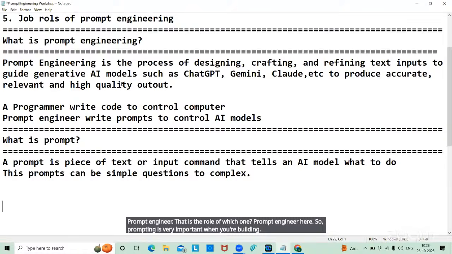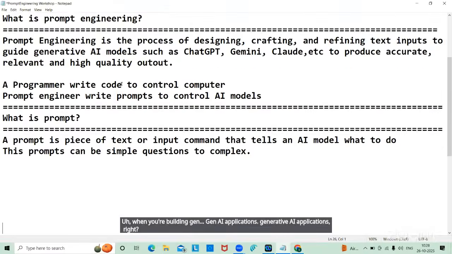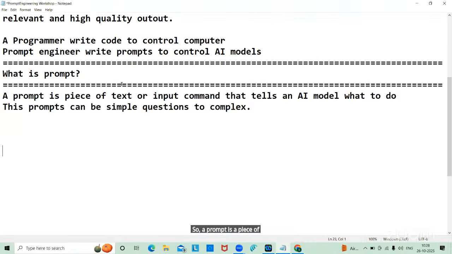So prompting is very important when you are building generative AI applications. A prompt is a piece of text or command, an input command that tells an AI model what to do. These prompts can be either simple questions or complex questions.